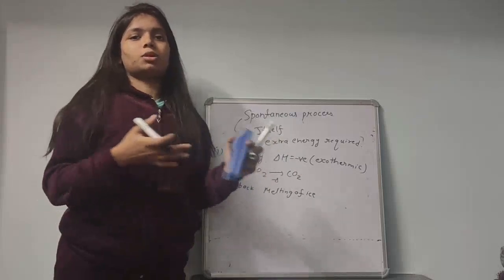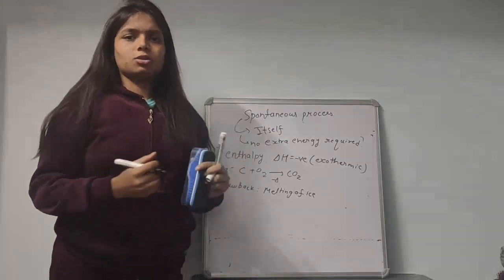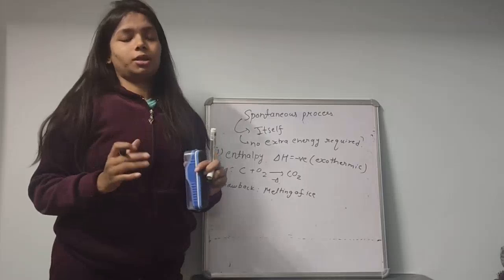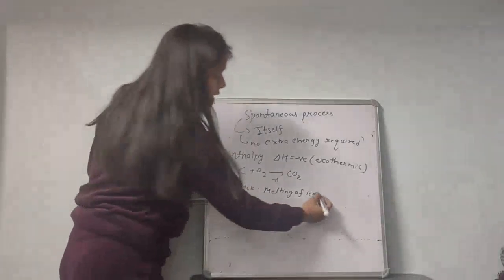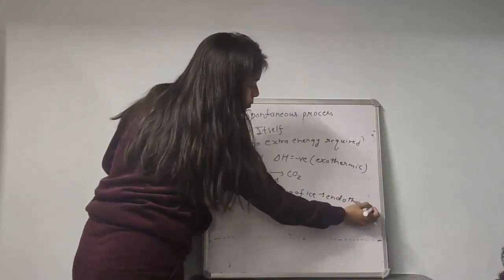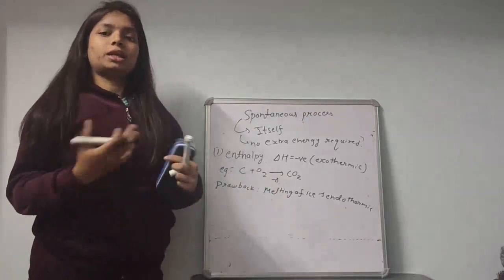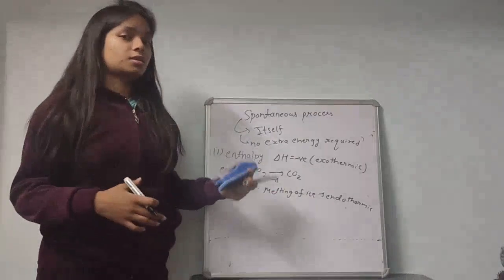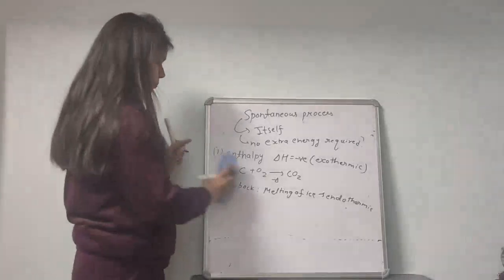When we keep ice in a free environment, without providing a cool environment, the ice starts melting. It is basically an endothermic process, in which ice takes heat from the outside and starts melting. It is endothermic, but still a spontaneous reaction. So this theory is not 100% true.